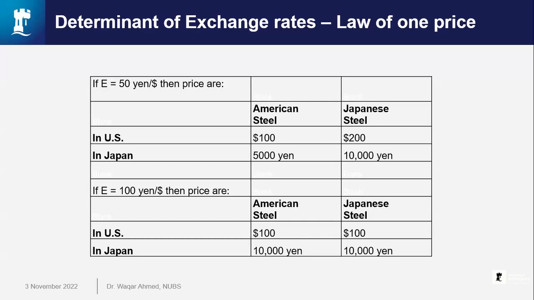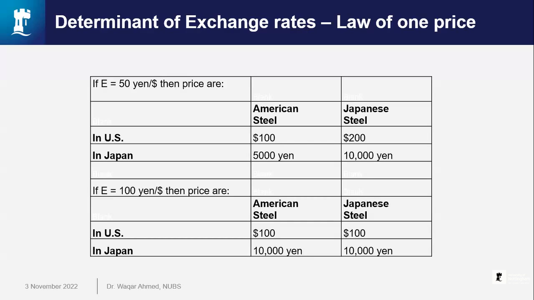So if we take the given information, in the US it costs $100, and if the exchange rate is 50 yen per dollar, this would translate into 5,000 yen.